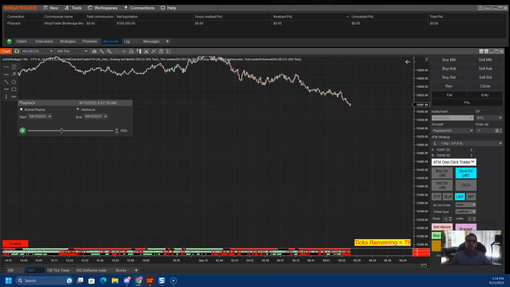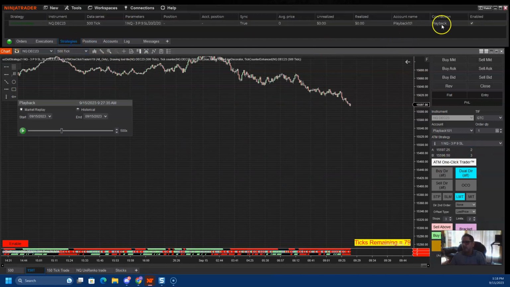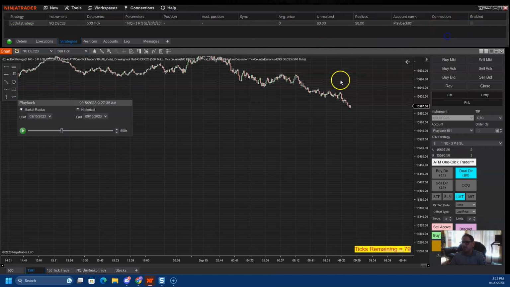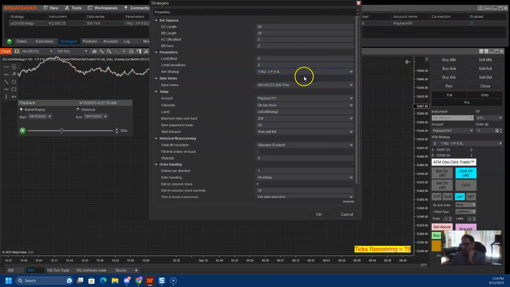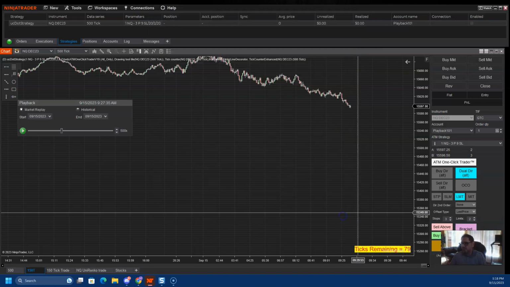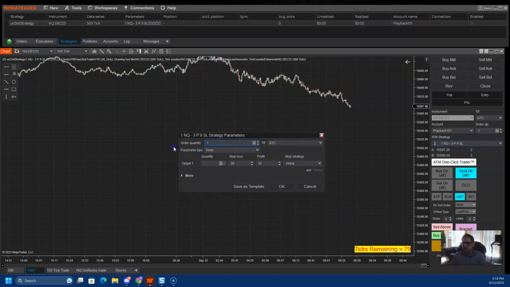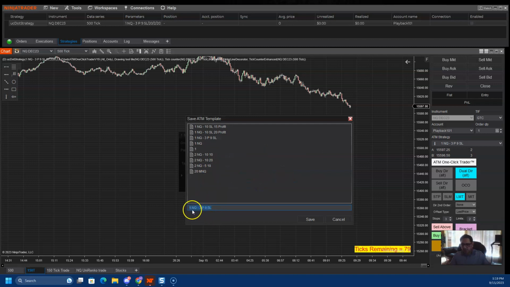So if you are in that category, what you can do is, for example, in this UC dot bot, I change the size to 5 and leave the rest the same. What that does is it's going to trade 5 standard E-mini contracts with a 3-point profit and 9-point stop loss.